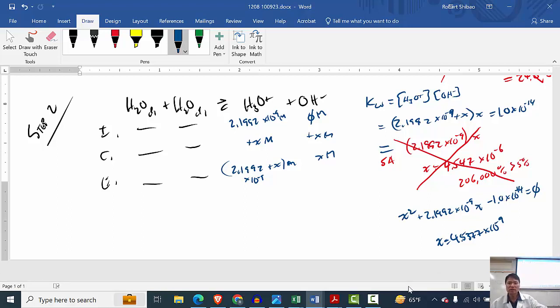All right, when we did the simplifying assumption, we got 4.547 times 10 to the minus 6, so quite a big difference here. But let's check this.